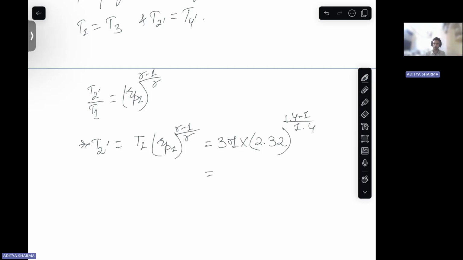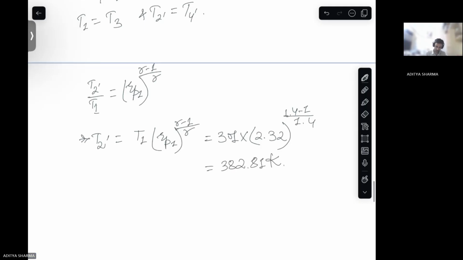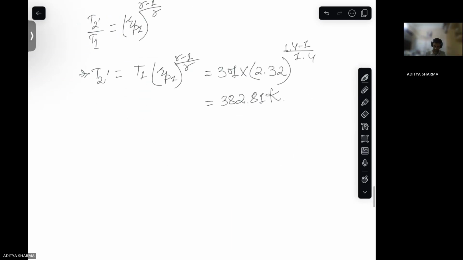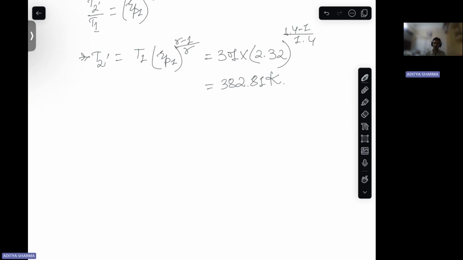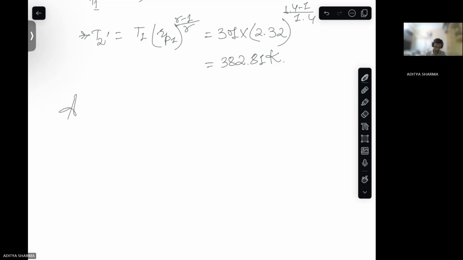Now if you take the calculator and solve it, please work this out, this will come out to be 382.81 Kelvin. Let me know if some calculation is wrong at some point. And then for your compressor, the efficiency has been given. Okay, so efficiency has been given.